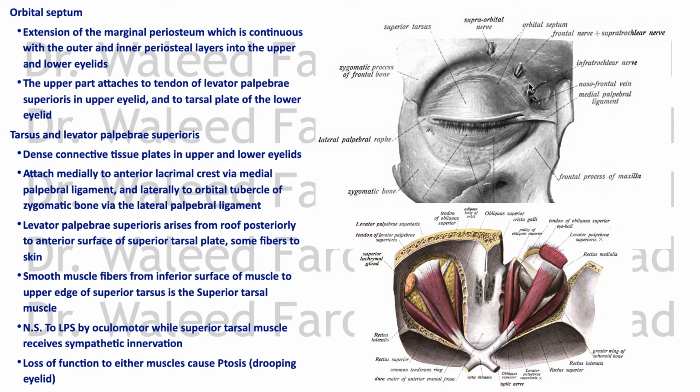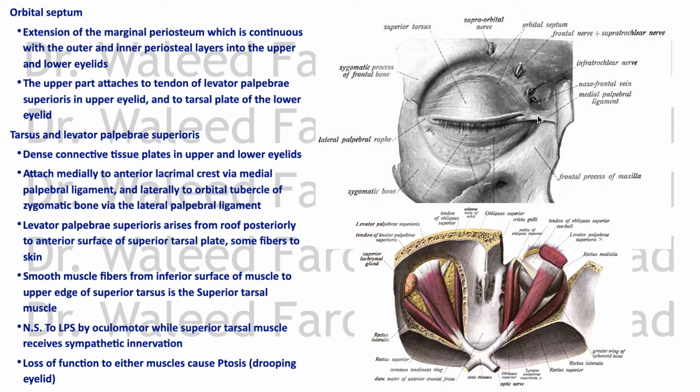Okay, now the tarsus is a dense layer of connective tissue, plates: upper plate in the upper eyelid and lower plate in the lower eyelid. They are called the tarsal plates, and they too are attached to the medial palpebral ligament and the lateral palpebral ligament. See, the lateral is to the margin of the orbit, the medial is to the anterior lacrimal crest. Remember this.